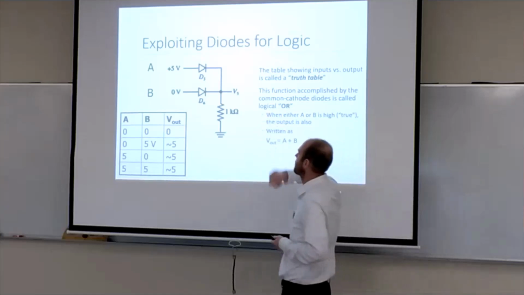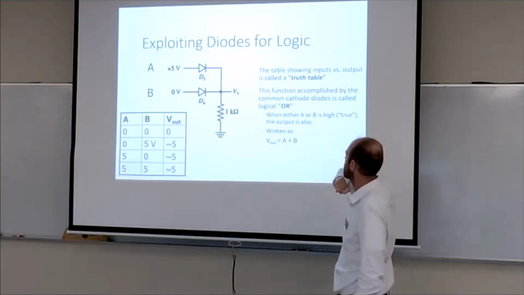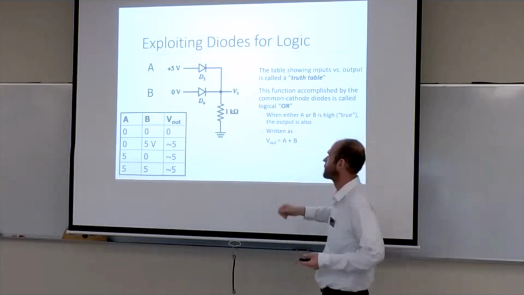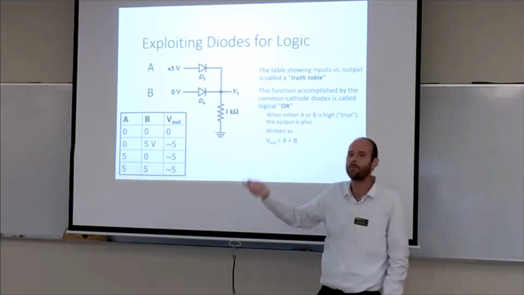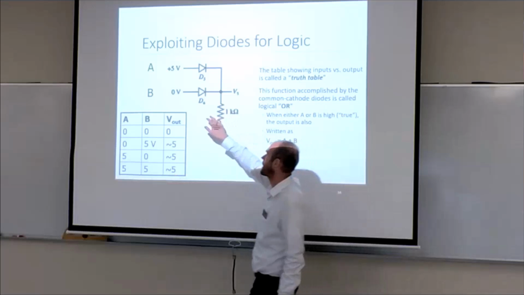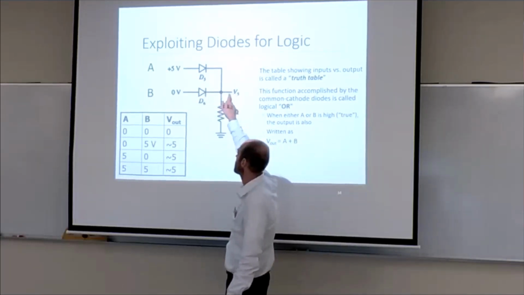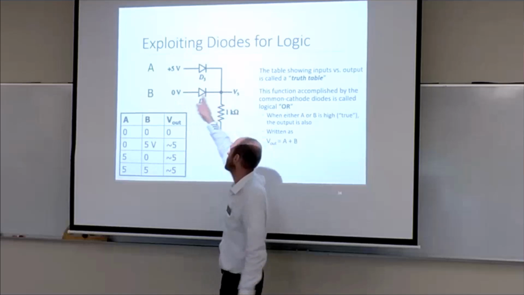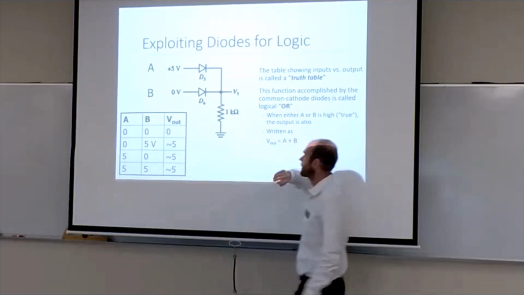In this particular configuration, A and B can be used. This one happens to be an OR condition. If A goes high or B goes high, the output is then going to represent a high 5 volts. That happens because either one that is high will allow current to flow, showing the 5 volts passing through, and then it drops completely over this 1K resistor.